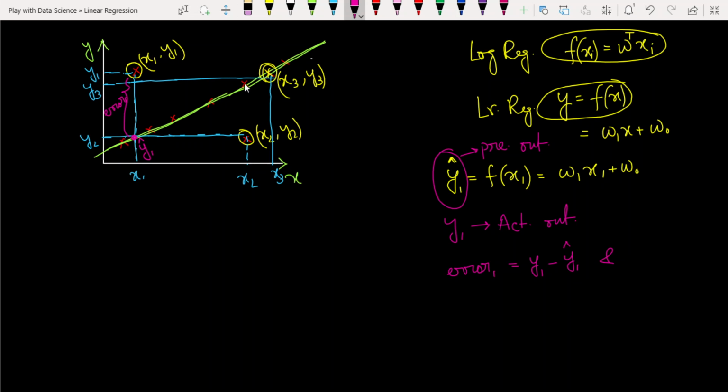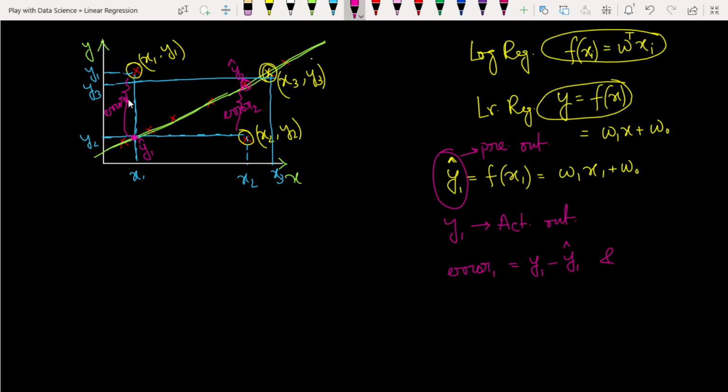Similarly, for this point the actual output is y2 and our predicted output will be y2 hat here. This difference is called error 2.